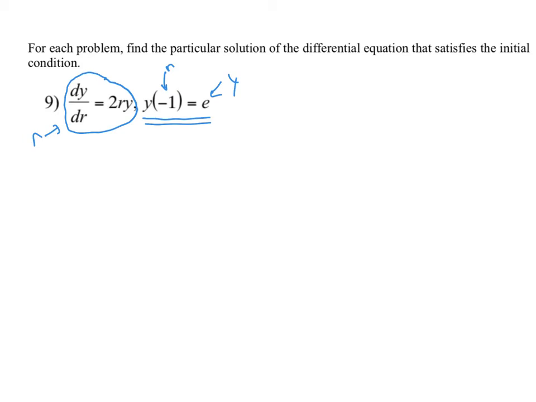First, we need to solve the differential equation. So we have this dy over dr equals 2r times y.